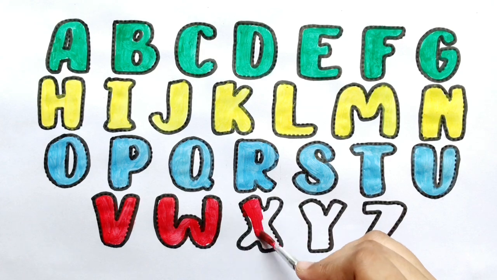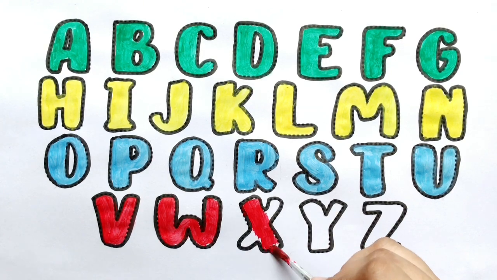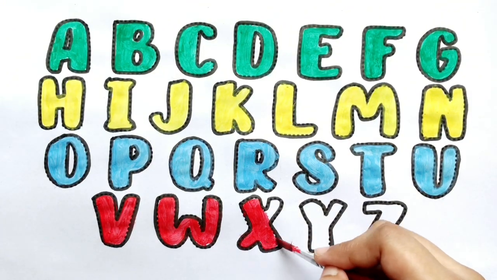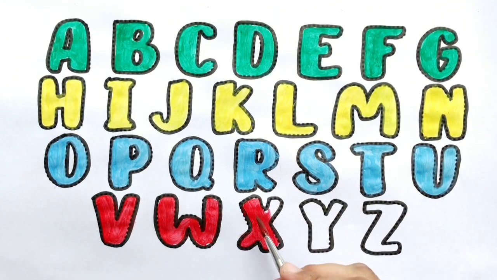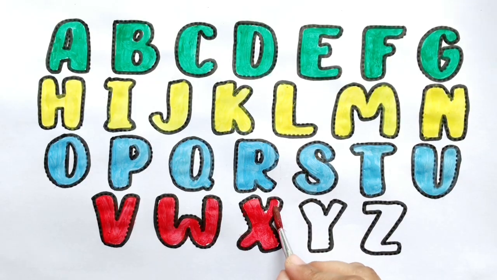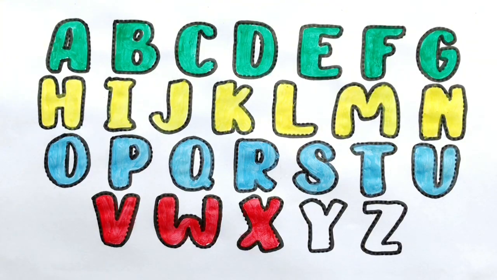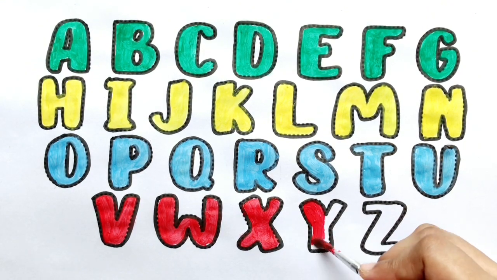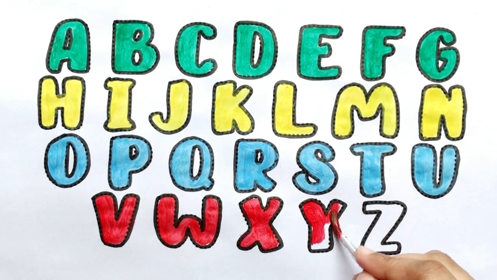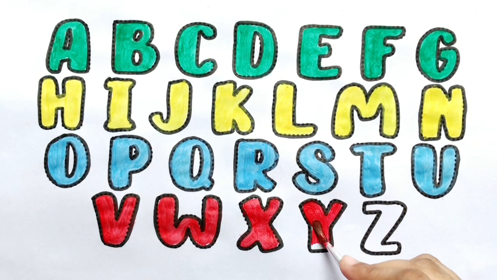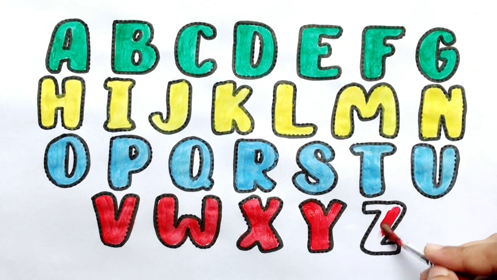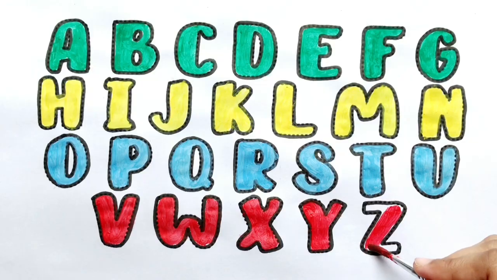X for extra fish. Y for yo-yo. And Z for zoo.